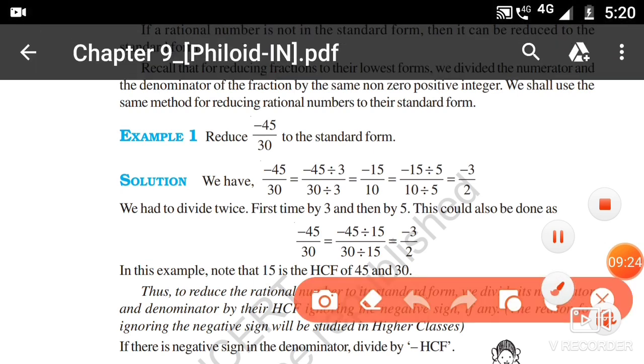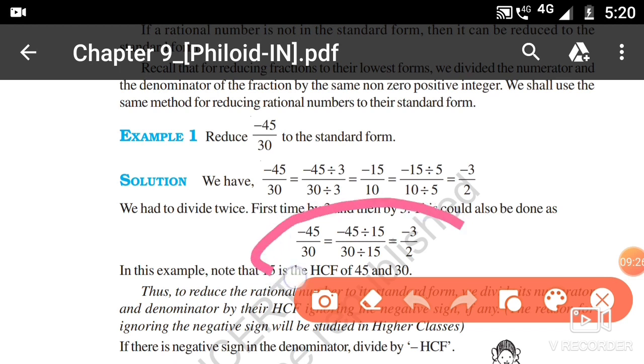We have to read it as minus 3 upon 2, not by. By is used for multiplication actually. So we can read it from now onwards like this, minus 3 upon 2. So it is a simplified reduced form.